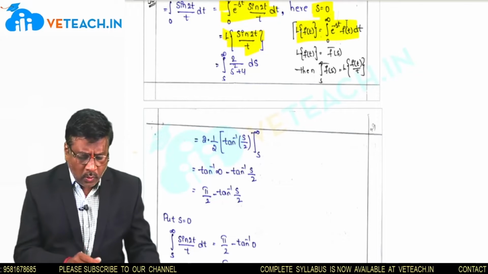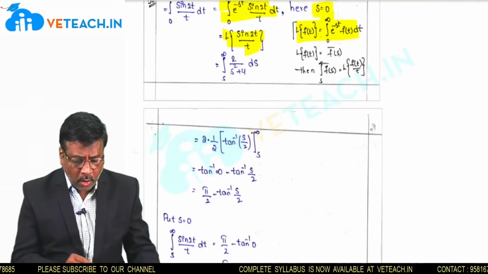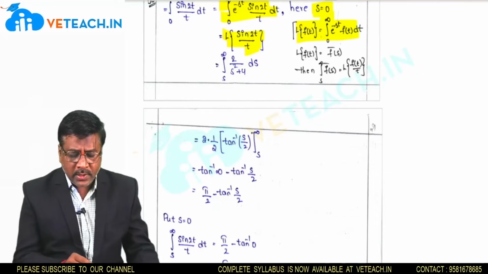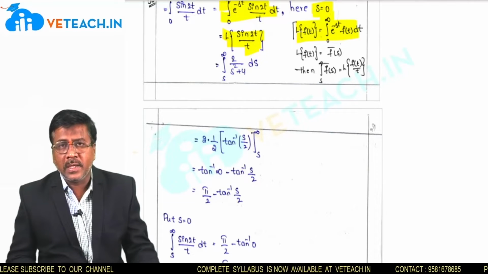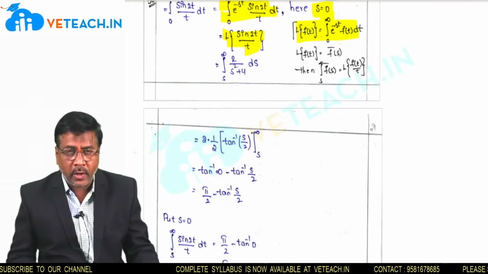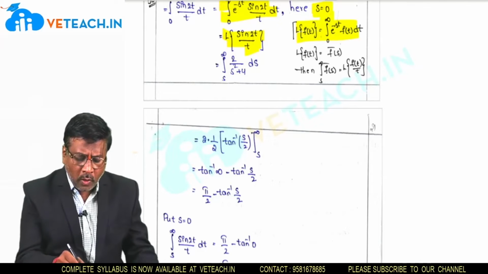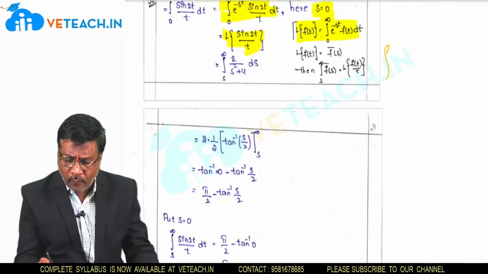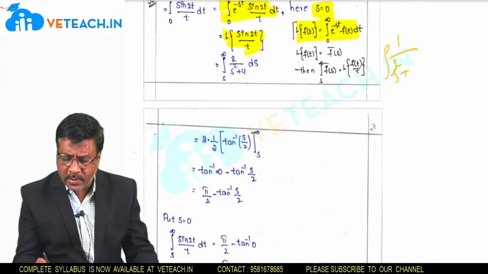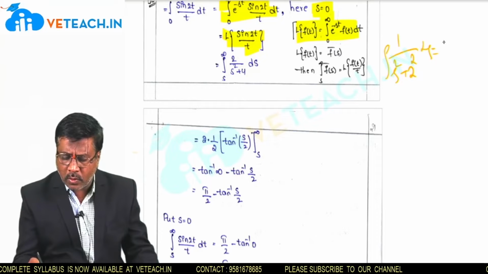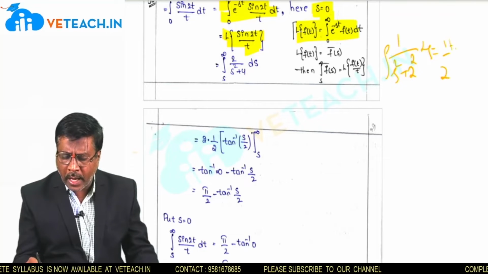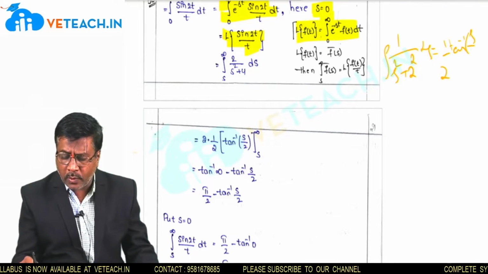I bring the 2 in front of the integration, and this is in the form of integral of 1 by s square plus 2 square, because 4 is written as 2 square. Therefore, this is equal to 2 times integral of 1 by s square plus 2 square into ds, which is 1 by 2 into tan inverse of s by 2.